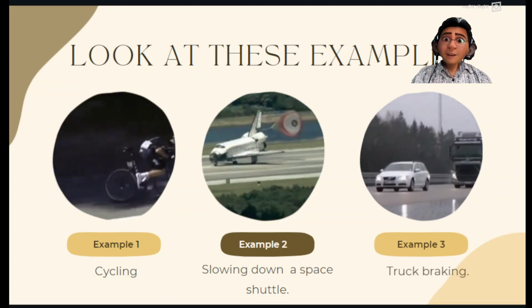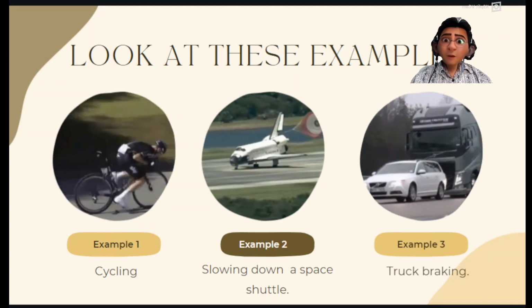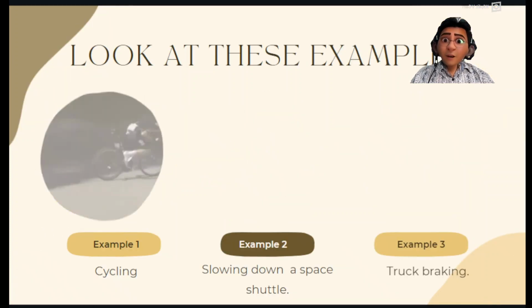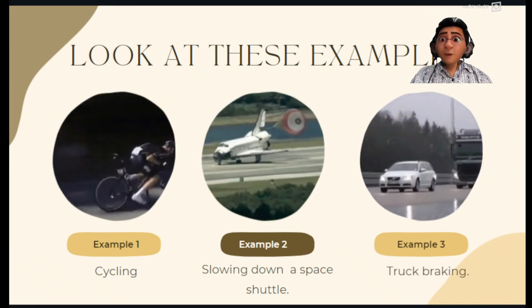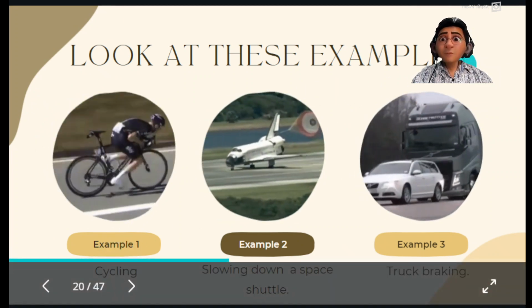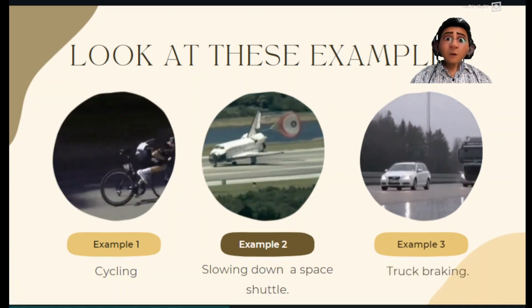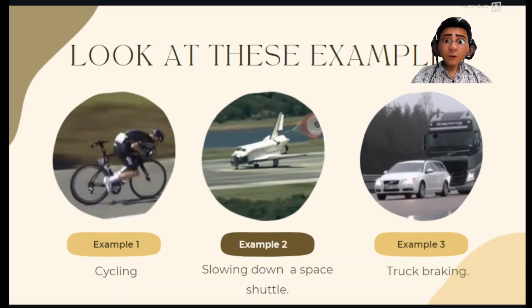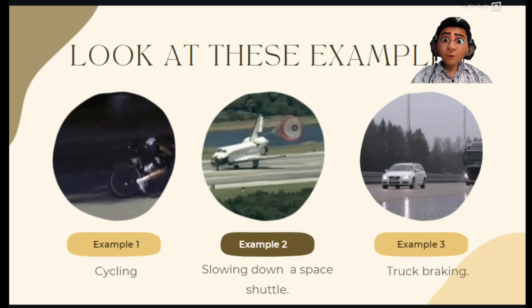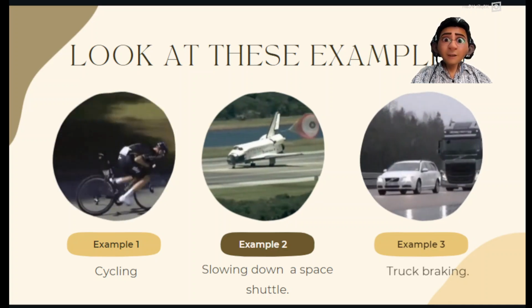Now look at this example. A force can change the speed of a moving object. Example number one would be cycling. The faster you push, the faster you can go on your bicycle.